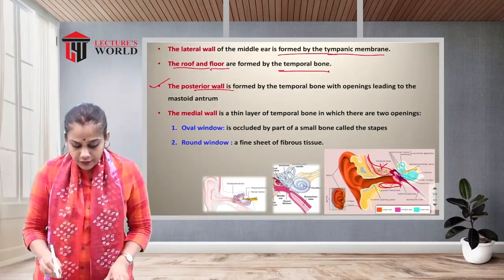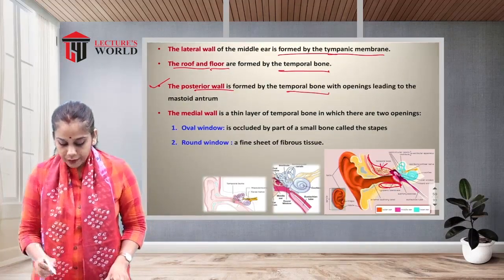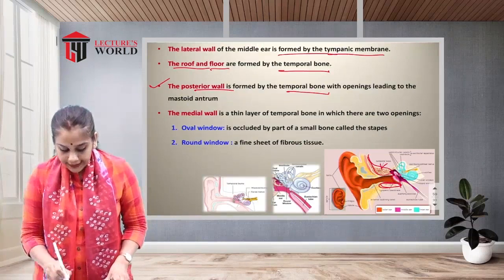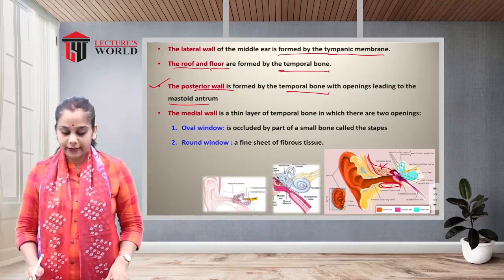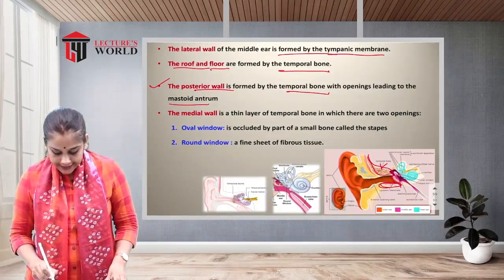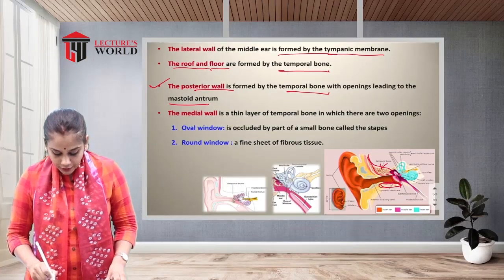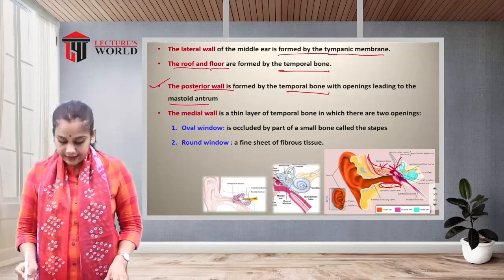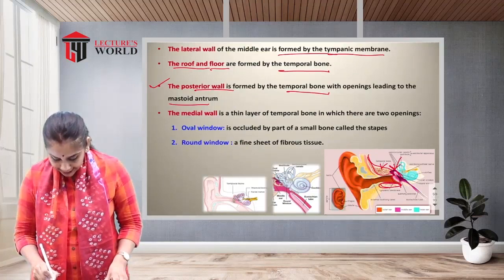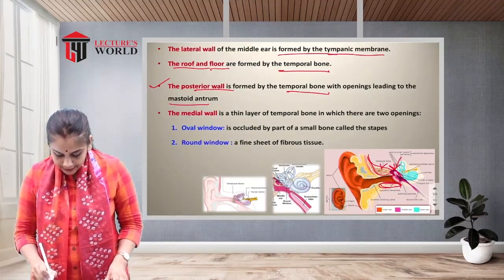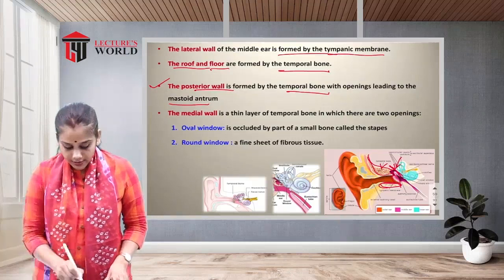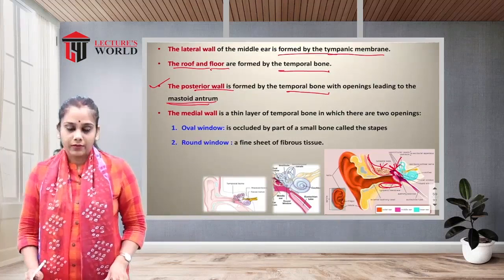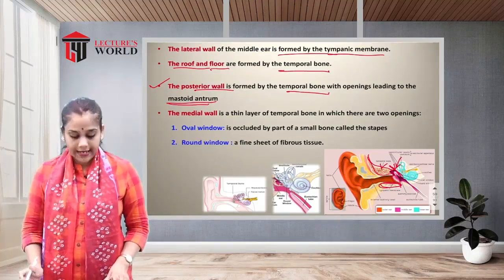The posterior wall is formed by the temporal bone with an opening leading to the mastoid antrum. Here is the posterior wall, which contains the temporal bone and the mastoid antrum.